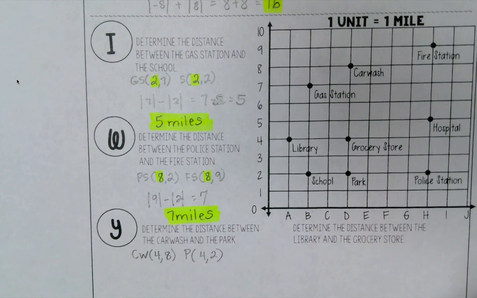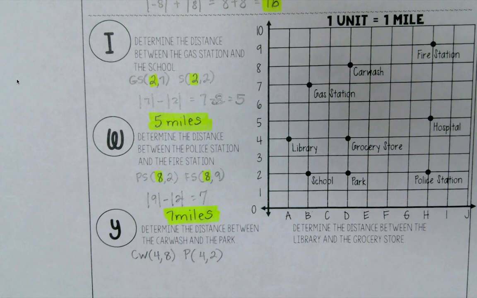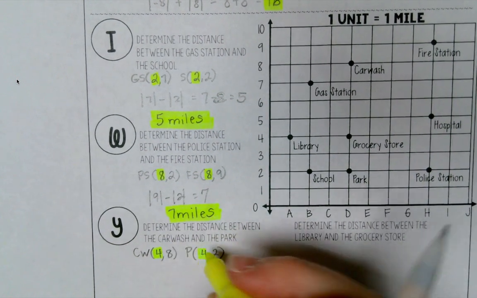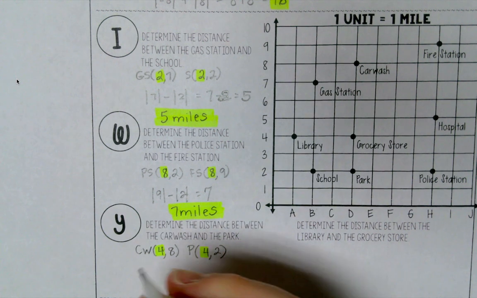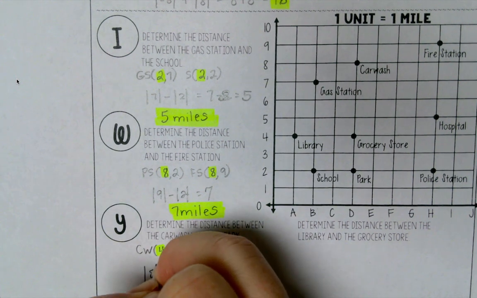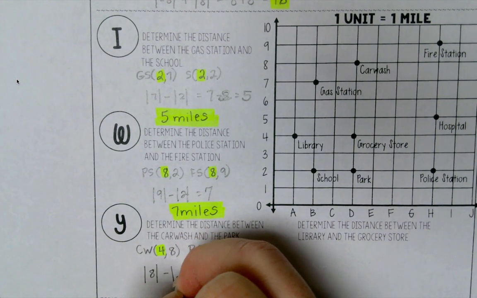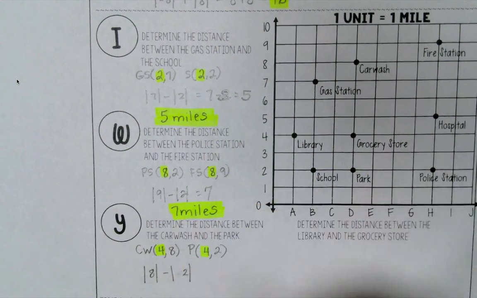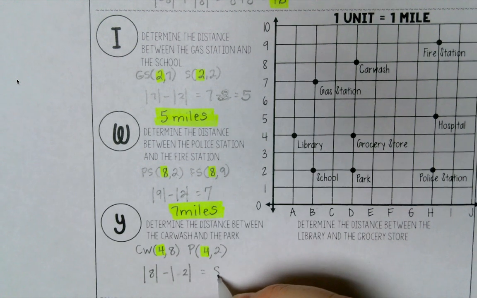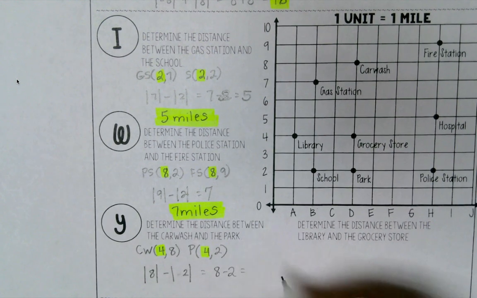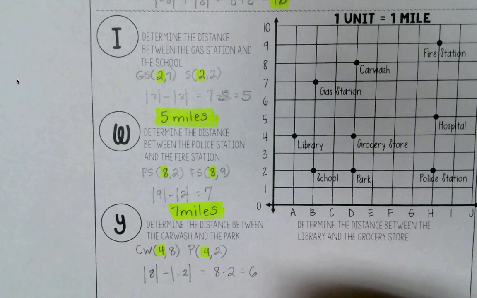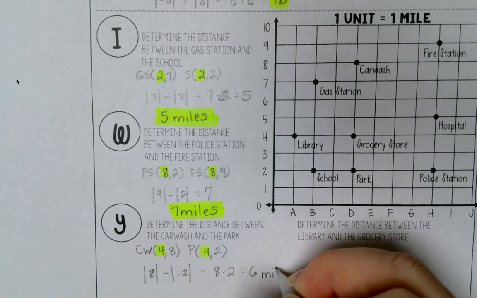So same quadrant, subtract, and we're going to highlight the X because my X's are the same. And we're going to subtract the absolute value of 8 minus the absolute value of 2. I should not say negative 2, positive 2, which gives me 8 minus 2, which gives me 6. 6 miles.